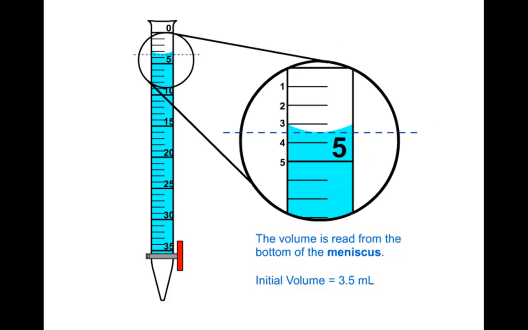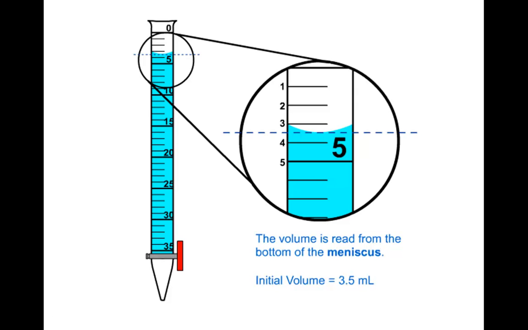Now what I mean by that is if I blow up this picture just a little bit, notice that I'm going to again read from the bottom of the meniscus. It's between the 3 and the 4. So I'm going to call this reading right here 3.5 milliliters. We're reading from the top down.